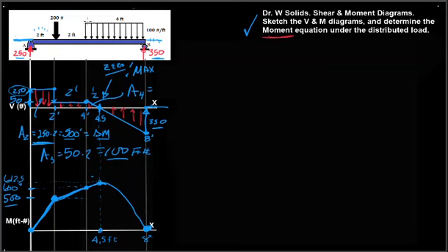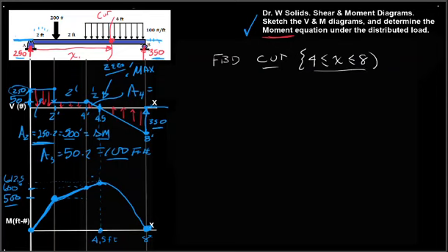To solve for the moment, we need to take a cut through the distributed load, at X. So the free body diagram of that cut has a range of 4 less than or equal to X. So there's the domain for that.